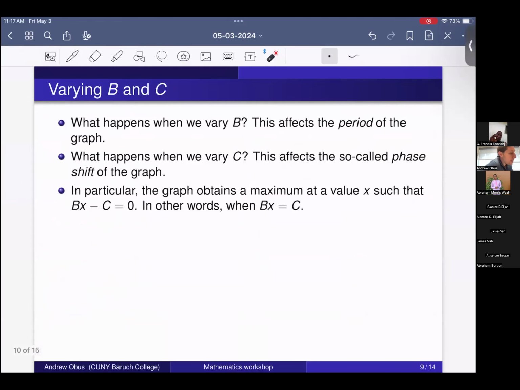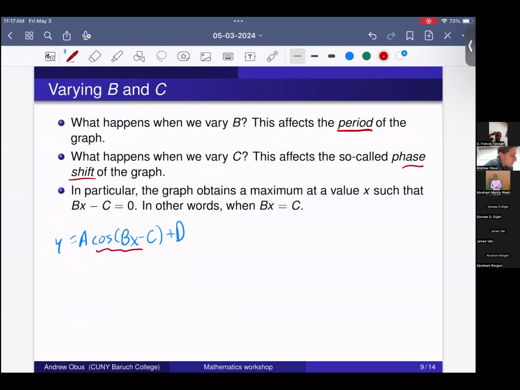So, okay, what about b and c? I'm going to write the general equation again: y equals a cosine of bx minus c plus d. What happens when we vary b? We talked about this a little bit before, that this is going to affect the period of the graph. And what happens when we vary c? This is going to affect what's called the phase shift, which we're not really going to talk about too much. But the point is, when are you going to have a maximum?